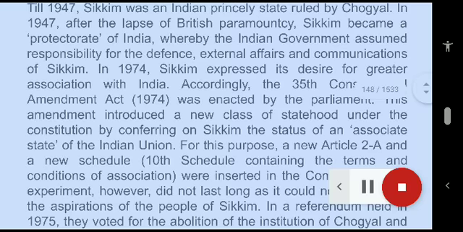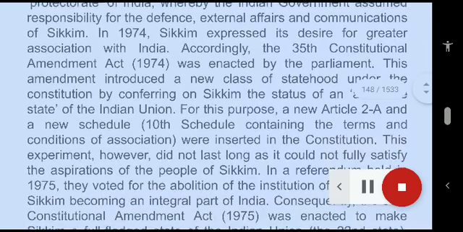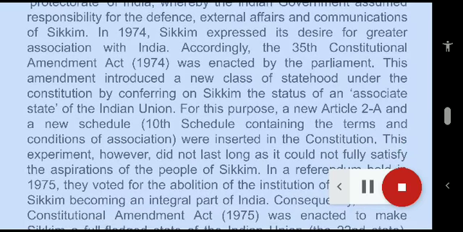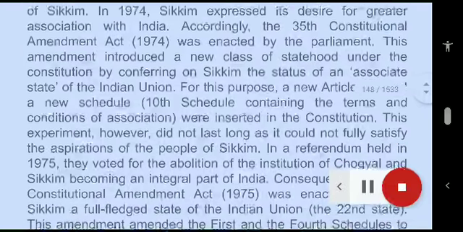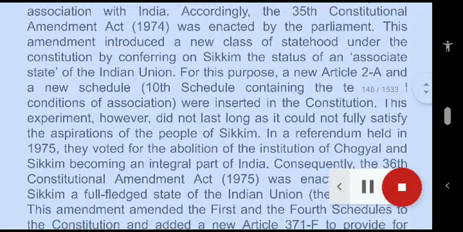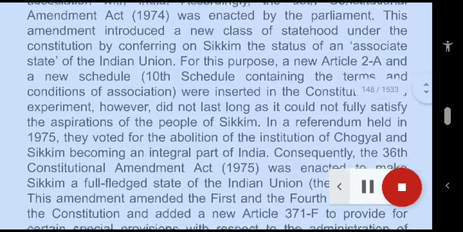For this purpose, a new Article 2A and a new schedule, the 10th Schedule, containing the terms and conditions of association were inserted in the Constitution. This experiment, however, did not last long as it could not fully satisfy the aspirations of the people of Sikkim. In a referendum held in 1975, they voted for the abolition of the institution of Chogyal and Sikkim becoming an integral part of India.